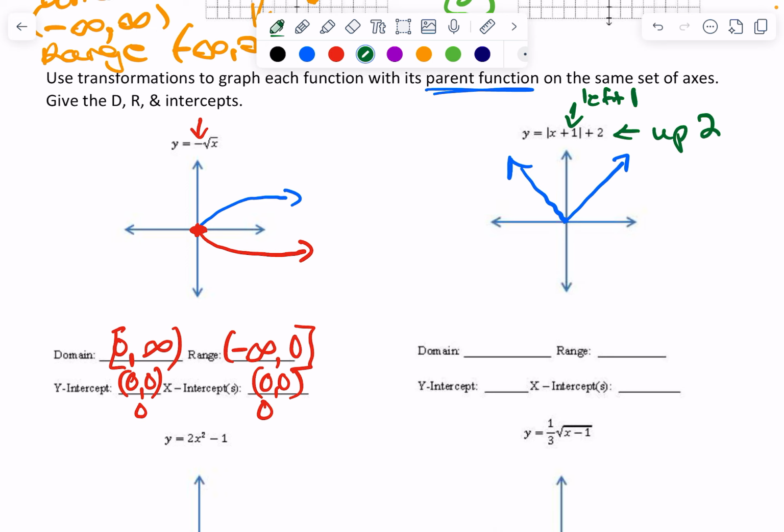So what we're going to do is, actually, let me go a little bit farther. Up 2 and left 1. So our first point would be somewhere here, and then it would spread out this way, and it would keep going this way.